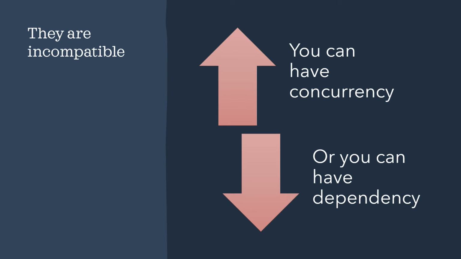So this is probably the most common question they ask about concurrency in the exam. You can have concurrency or you can have dependency, but they kind of rule each other out. Processes can only be concurrent if they are independent, if one process does not need the result of the other process.